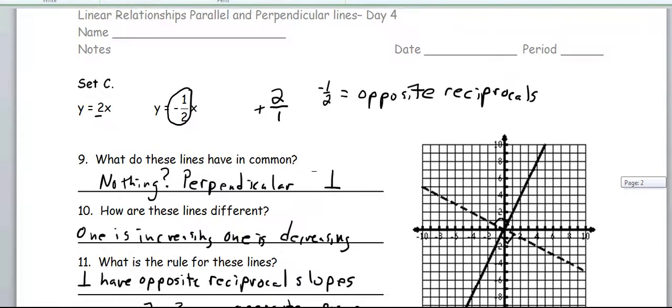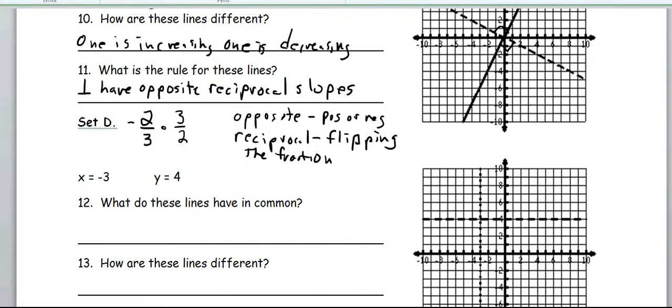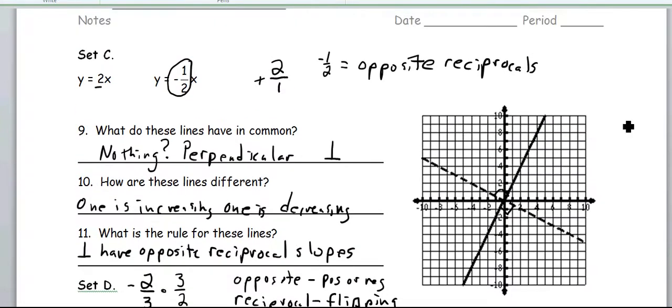Another example, if I have negative 4, I need to make it a fraction. I put it over 1. The opposite reciprocal of negative 4 over 1 would be 1 over 4. Notice I just flipped my fraction. That is the reciprocal. The opposite refers to, it starts as a negative, this becomes a positive.